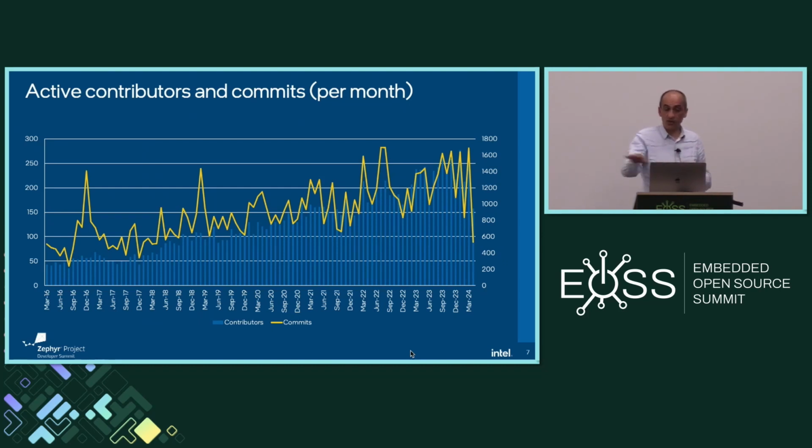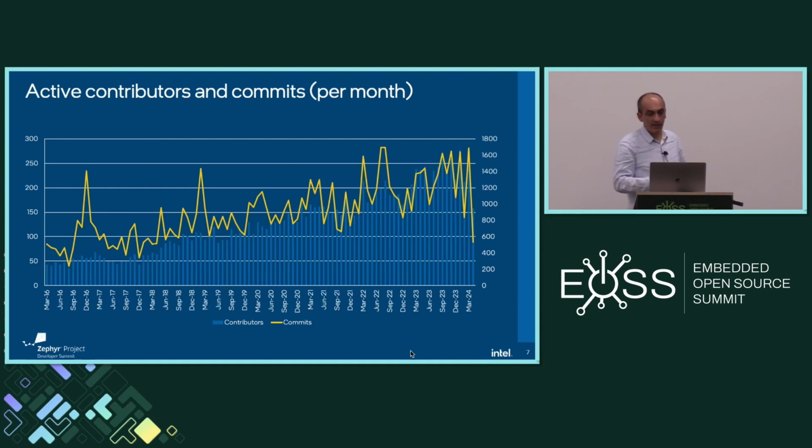First we have growth, or constant growth, which is really great. And in the last month, we have over 200 people actively working on the project, which is also a good number. And that corresponds to the number of commits going into the tree. So it's nice to see that these two graphs actually align.